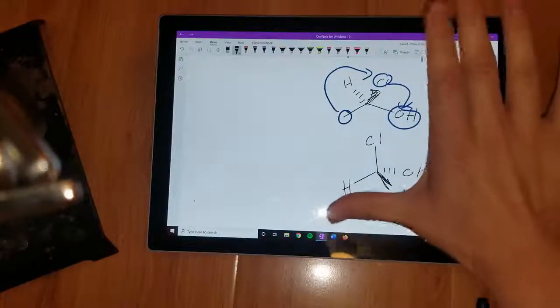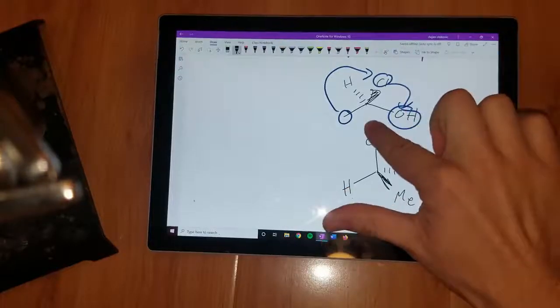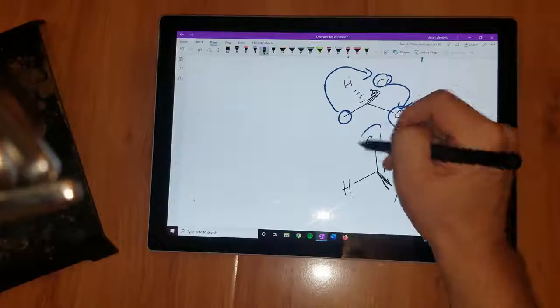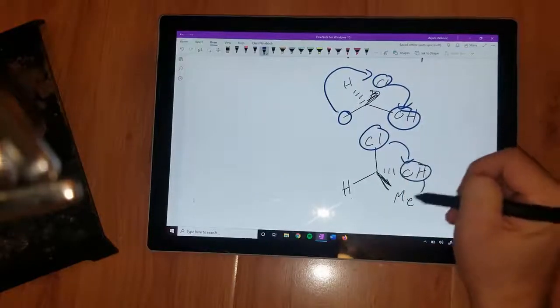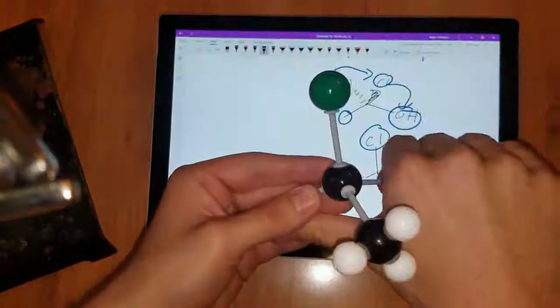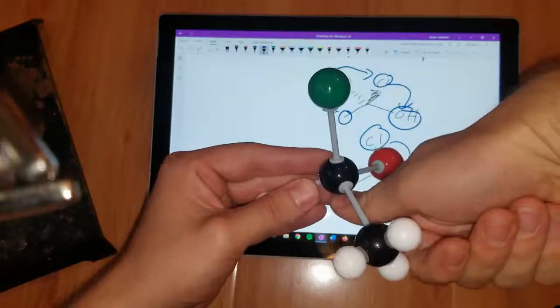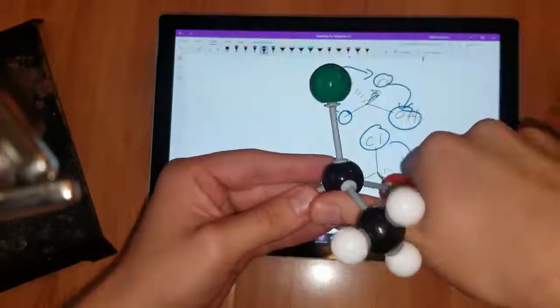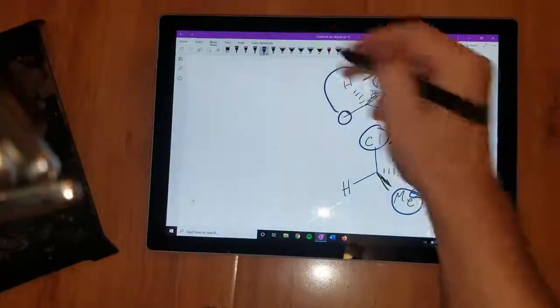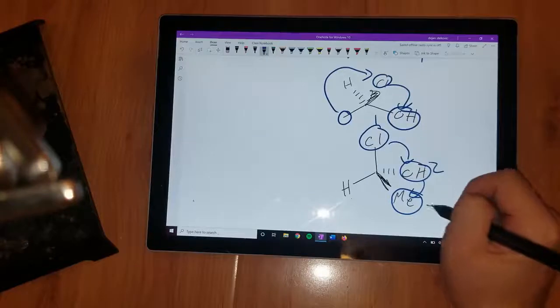In this case, it's the hydrogen, and then just curl my fingers. I'm going chlorine, oxygen, methyl, the whole way around. And again, this is 1, 2, 3.